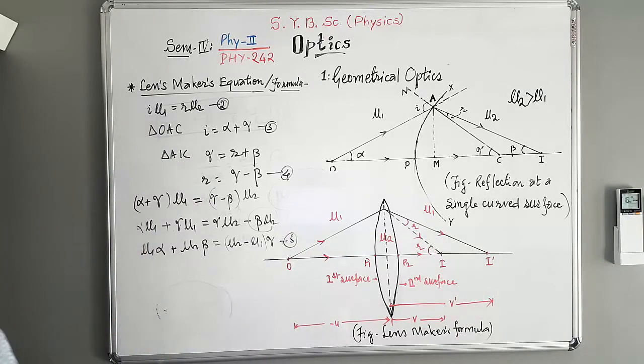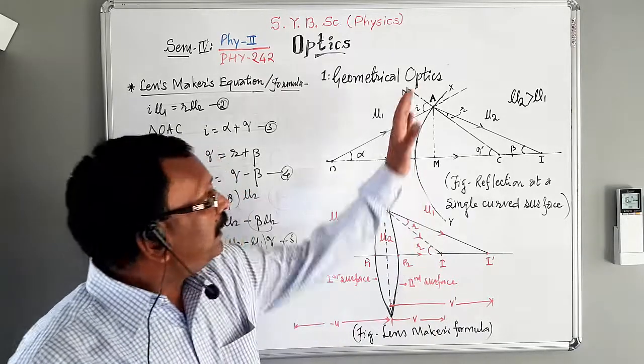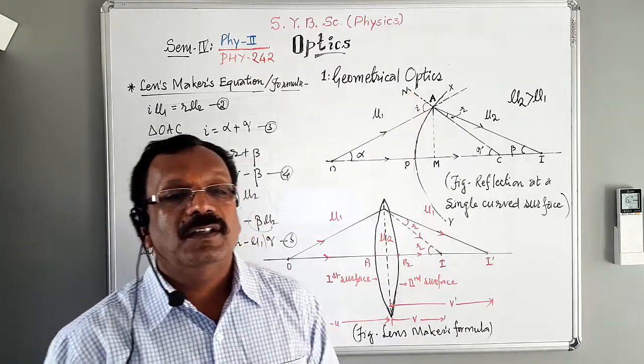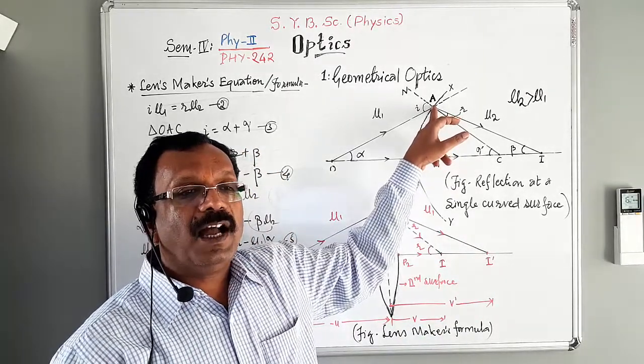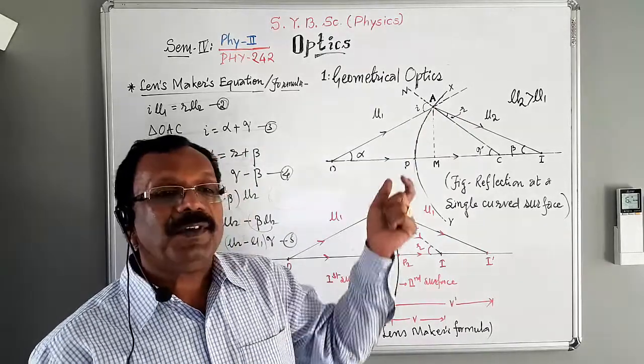Very simple. Now we are going to draw arcs of circles passing through point A. There are different arcs.